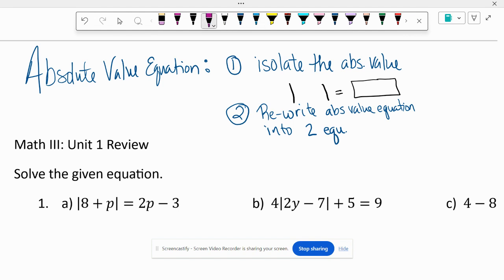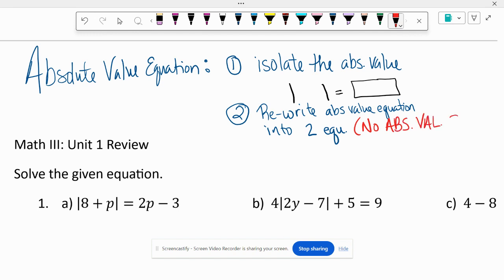And when I say regular equations, I mean that they have no absolute value symbols, right? The absolute value symbols go away. The first equation is whatever you had.